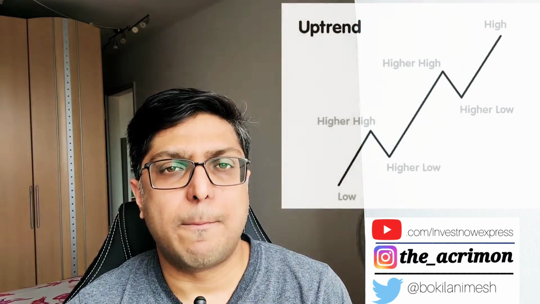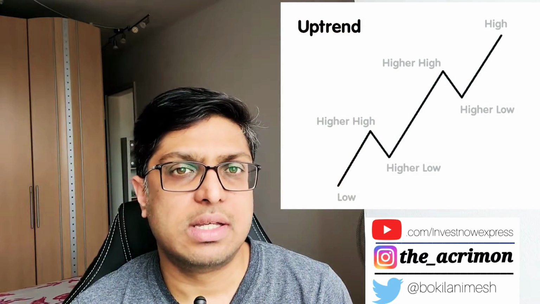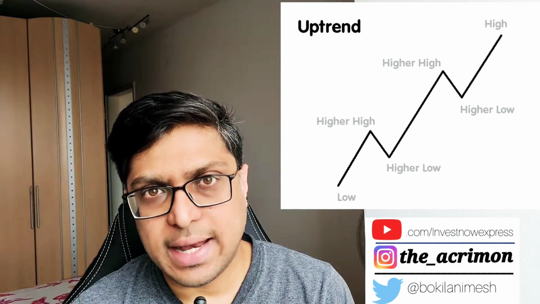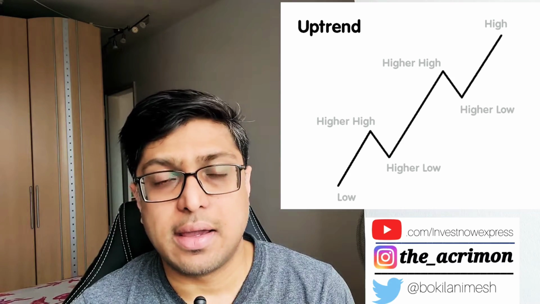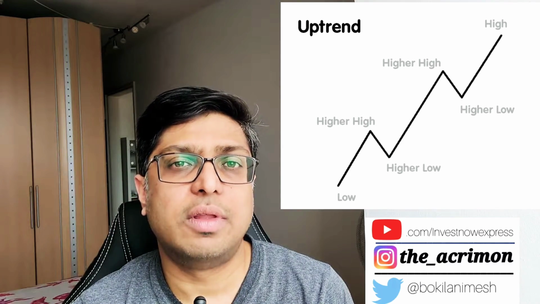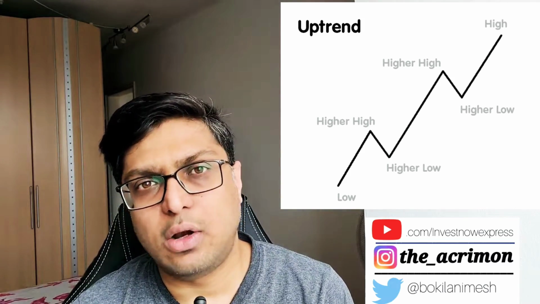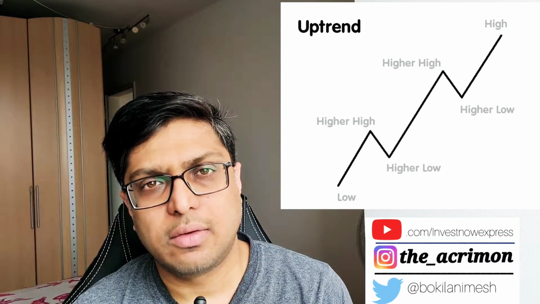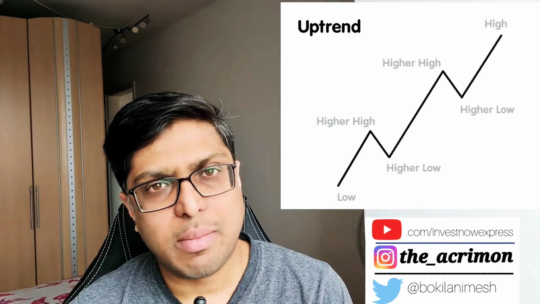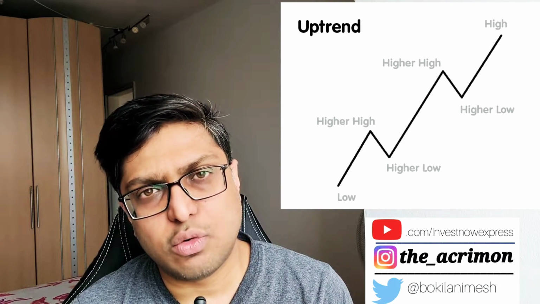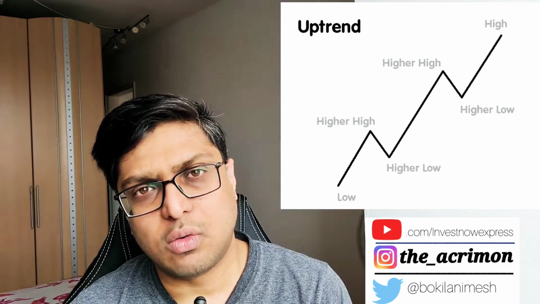What is an uptrend? Uptrend means the movement of the stock is in such a way that the low of the next day is higher than the high of the previous day. There is always a high and low movement in the day which is marked, right? So let's assume that the stock moved to 10 rupees, then it fell down a little bit.